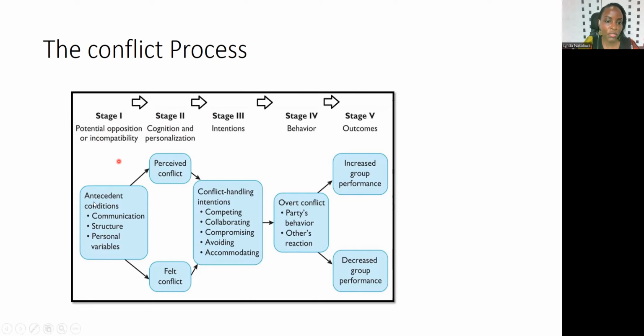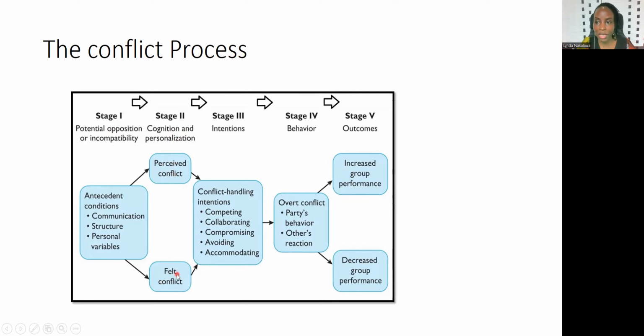Potential for conflict, or the antecedent conditions that lead to conflict, give way to stage 2, which we said is cognition and perception. Cognition has to do with perceived conflict, and personalization has to do with felt conflict.